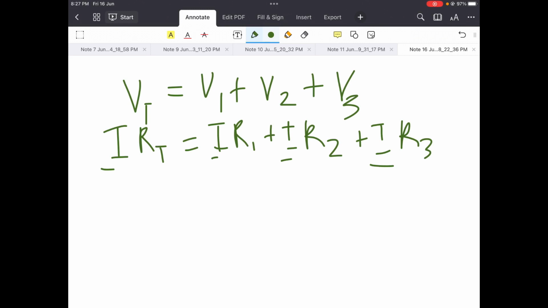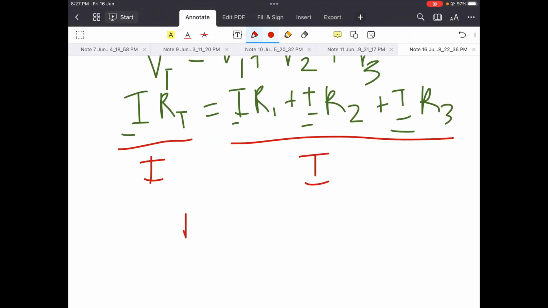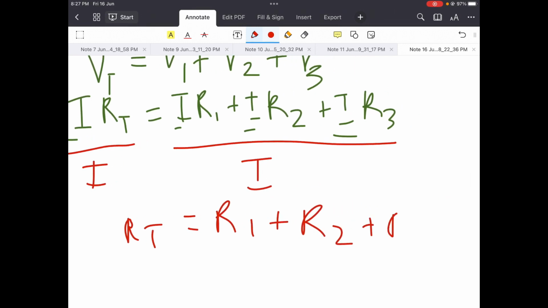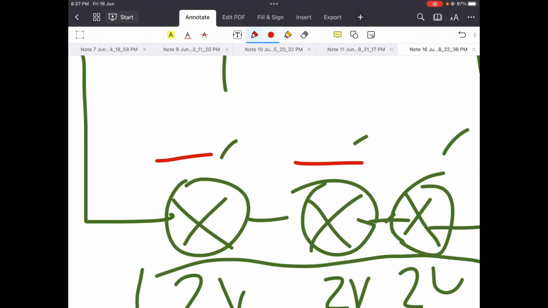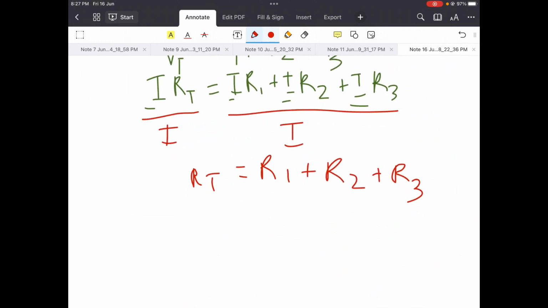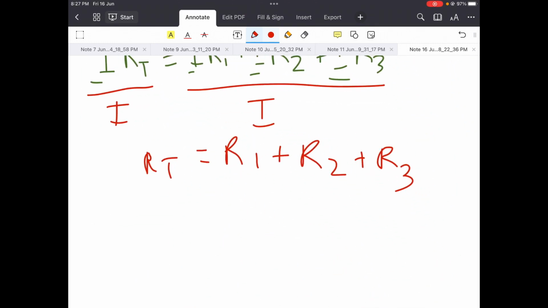So what we can do is divide both sides of the equation by I. If we divide both sides by I, we get RT is equal to R1 plus R2 plus R3. So all you're doing is adding the resistances of all of these filament lamps together. So in a series circuit, in order to calculate total resistance, you just add the resistances of the respective components in the series. That's it.